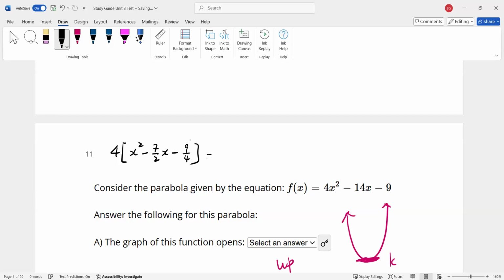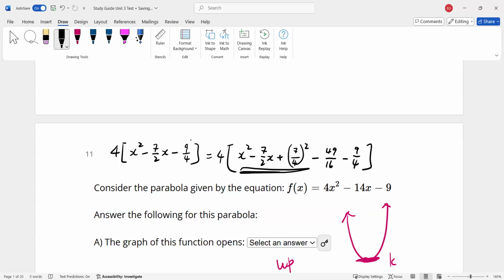Then we can minus 7 over 2 x plus, it's going to be a square and minus 9 over 4. Those are the completing the square, and let me just double check very quickly.